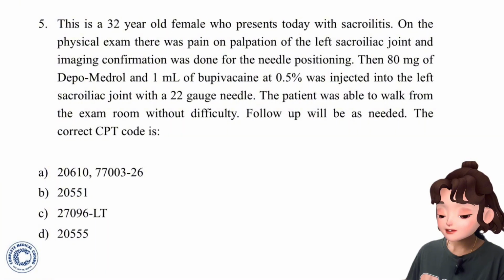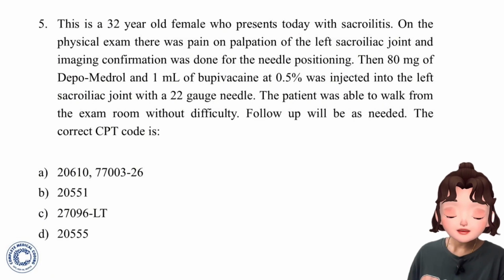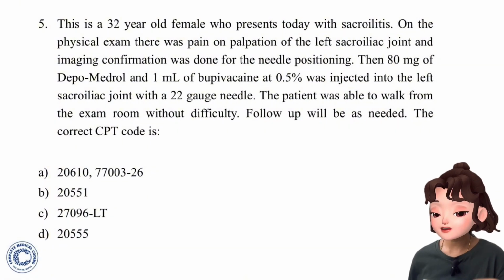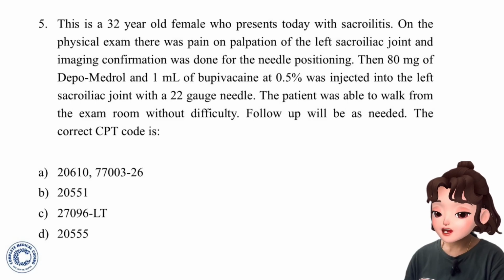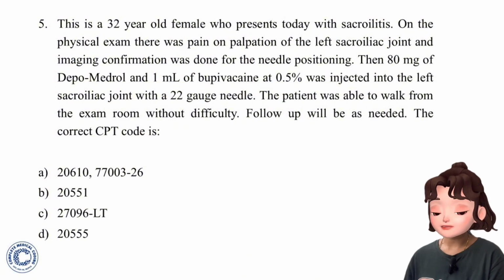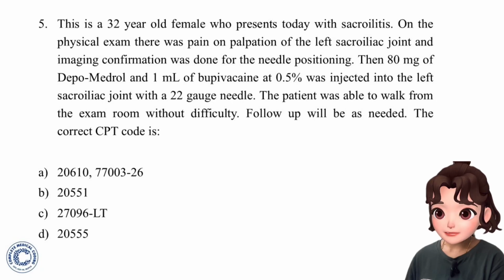What is option C? 27096. 27096 is injection procedure for sacroiliac joint, anesthetic or steroid with imaging guidance, fluoroscopy or CT, including arthrography when performed. Yes, this is the procedure carried out here.